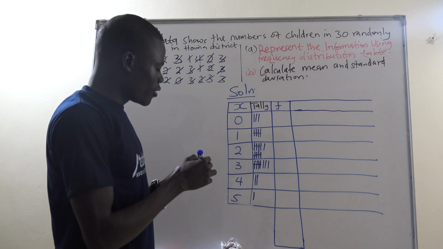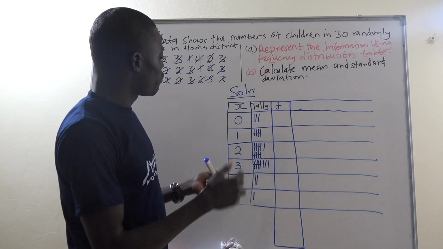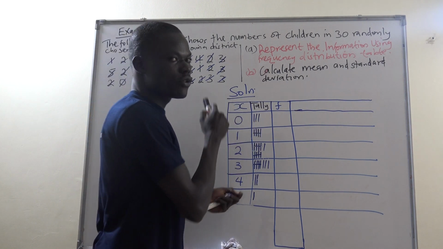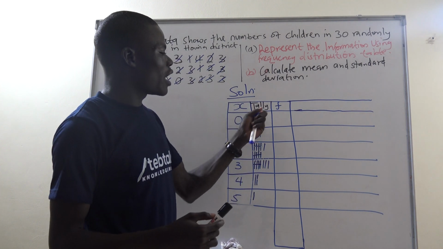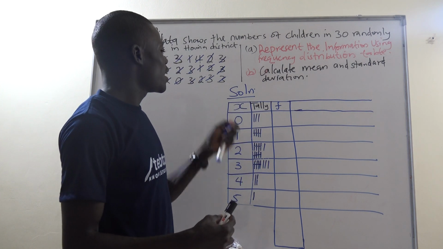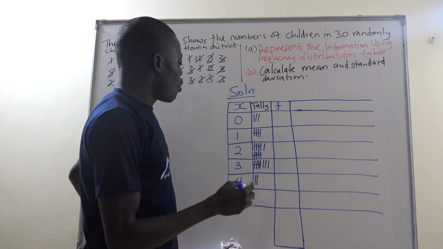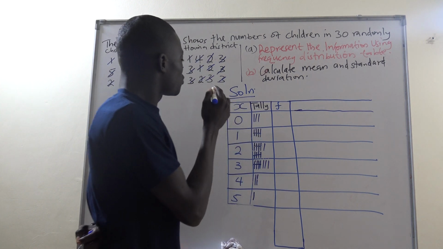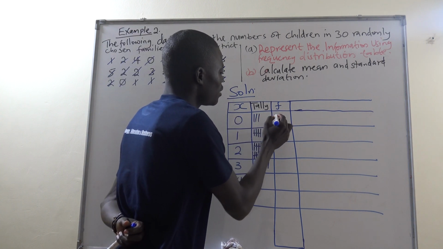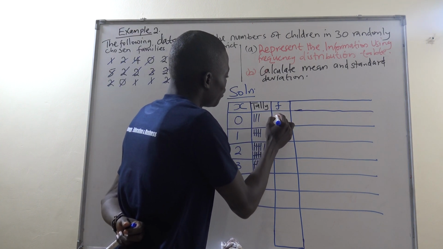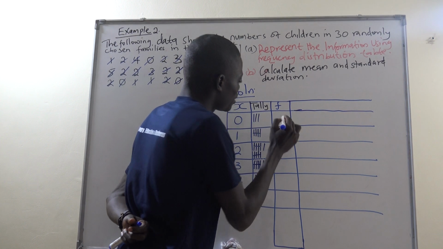So we start with 0. Since we use tally which simplified our work, we are just going to count the number of sticks which we have here, which will represent the frequency of that variable. So this stick for 0, we have 1, 2, 3, implying here the number of families are 3.